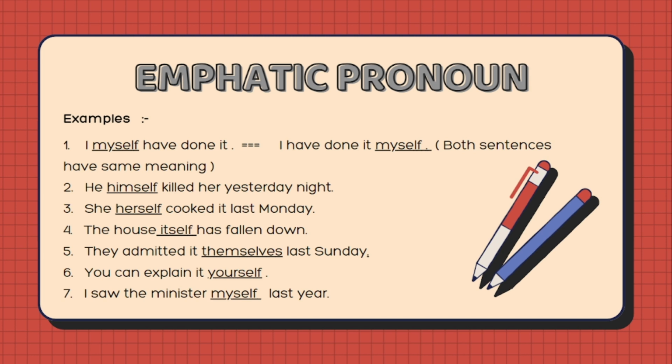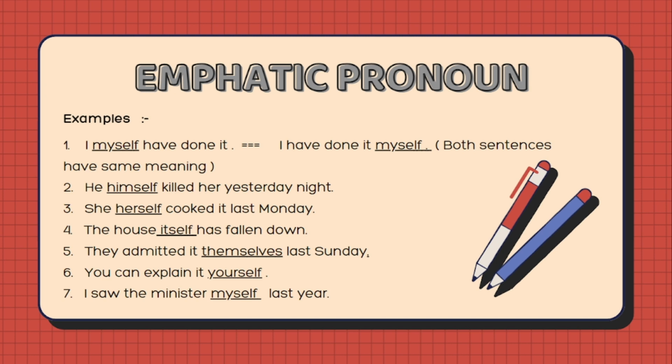Here, the self form herself is written immediately after the subject she. What is the meaning of it? It indicates that a special importance is given to the action, or the action is expressed with a lot of force, or the action is stressed.